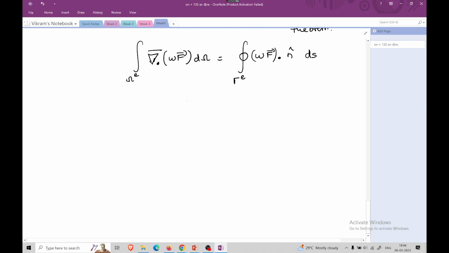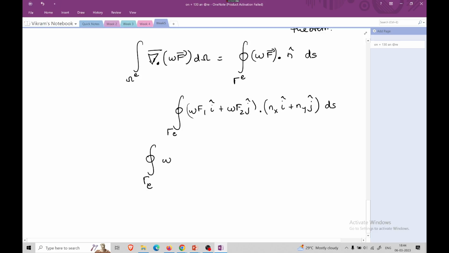So W F is W f1 i cap plus W f2 j cap. I dot this with, let us say, nx i cap plus ny j cap into dS. So this is going to be W f1 nx plus W f2 ny into dS.